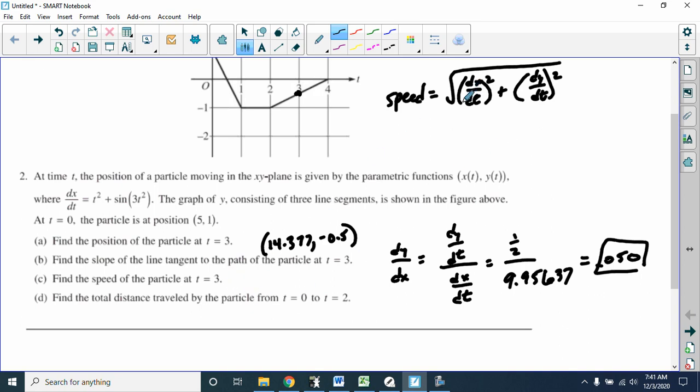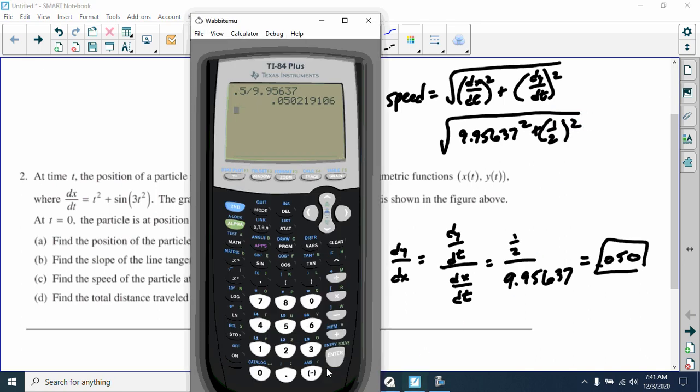So dx/dt at time 3 was this, 9.95637, and dy/dt at time 3 is 1/2. And then it's calculator time. For part C, I get 9.969.